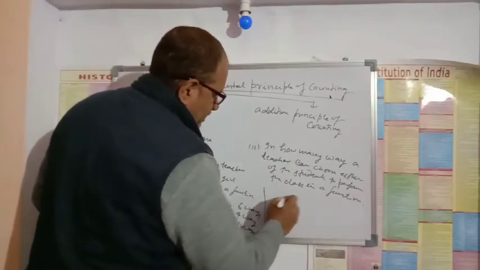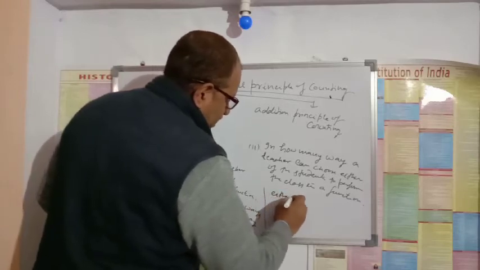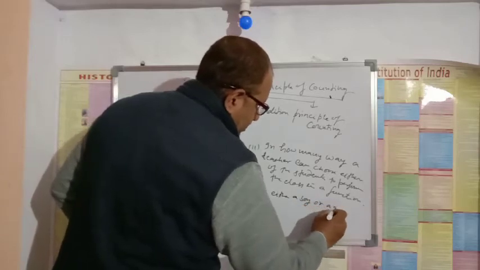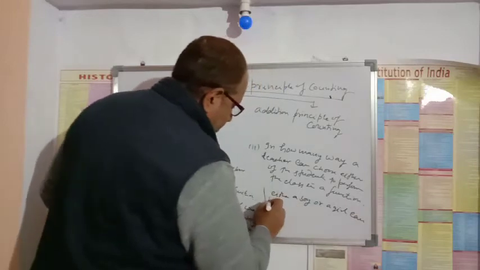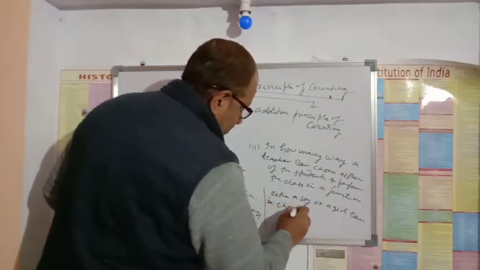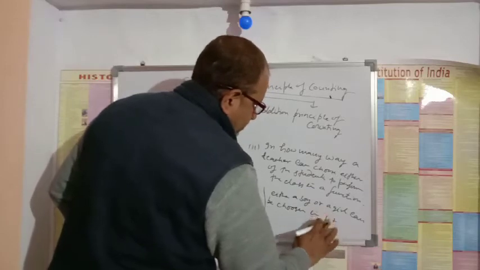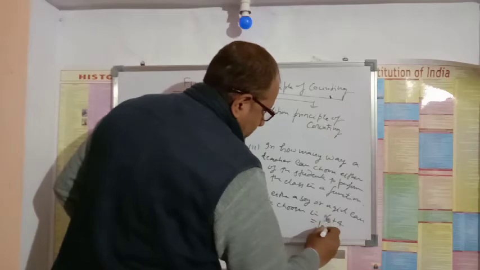So what will be here? Either a boy or a girl can be chosen in 6 plus 4 means 10 ways.